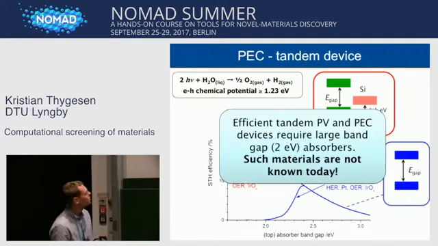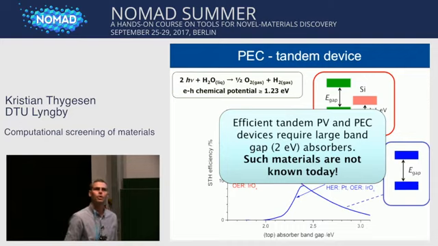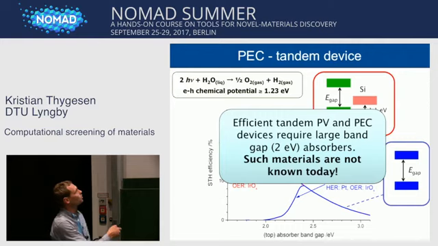So that's the challenge. The problem is that right now, as of today, there is no material that is efficient in creating a 2 volts photovoltage. Right? So we really need materials with band gaps around 2 electron volts in order to make such a tandem device.